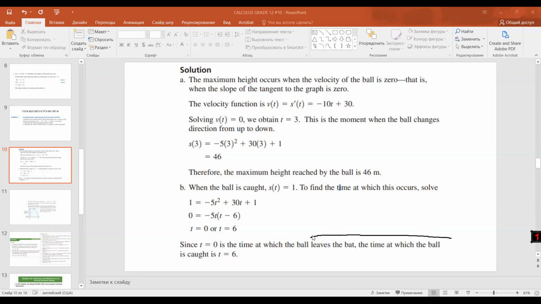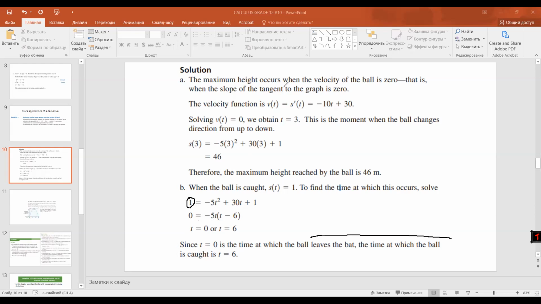Why do I say that? Because when I substitute distance equals 1 into my initial equation, I just have to solve a quadratic equation, like we did in the previous step. And when I find those values of t, it means my function takes the value 1 at those 2 points, right?